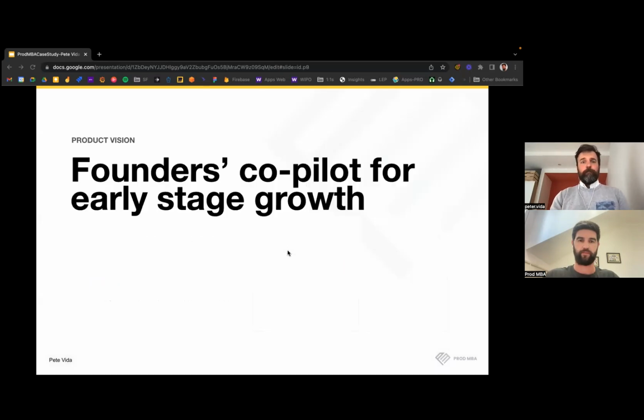So yeah, however, I really tried to go deeper, and the product vision is really something like a founder's co-pilot for early stage growth. So the co-pilot word really came down to this: we wanted to do something that tells the users it's going to require effort from your side, but we're really happy with the step-by-step guidance.